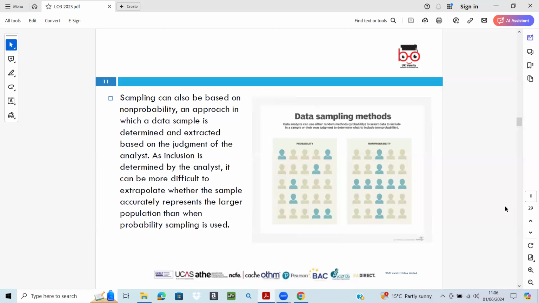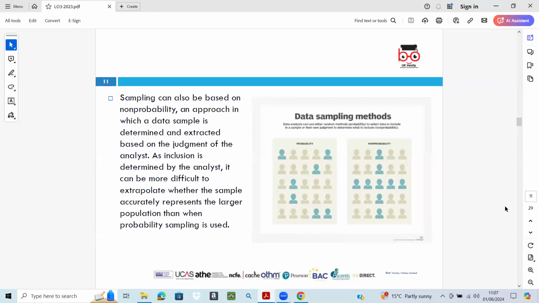So there are some characteristics of non-probability sampling. It's judgment-based inclusion. In non-probability sampling, data points are selected based on the analyst's judgment, expertise, or convenience rather than through randomization.